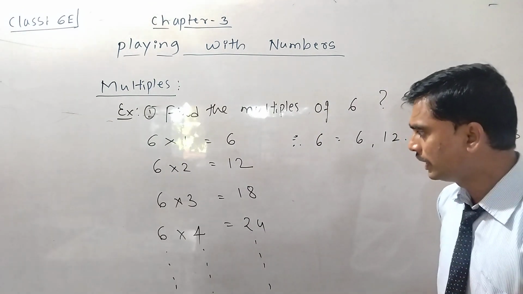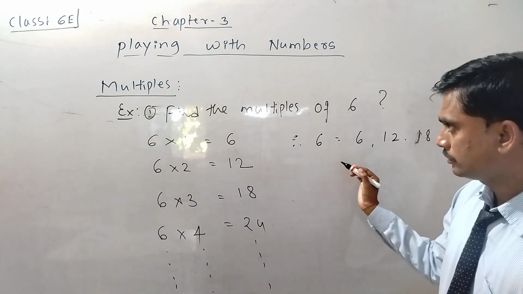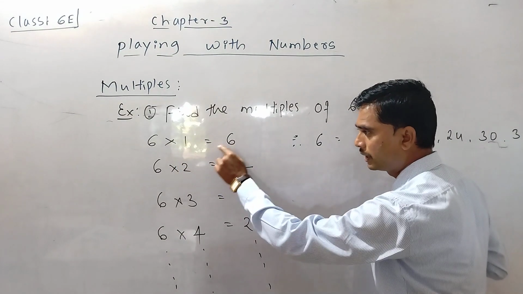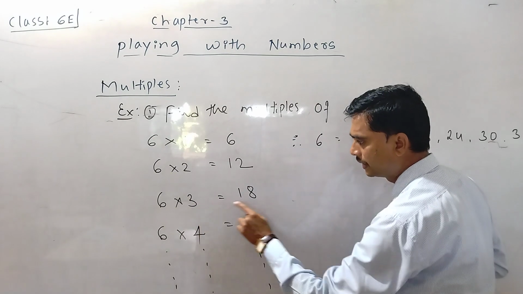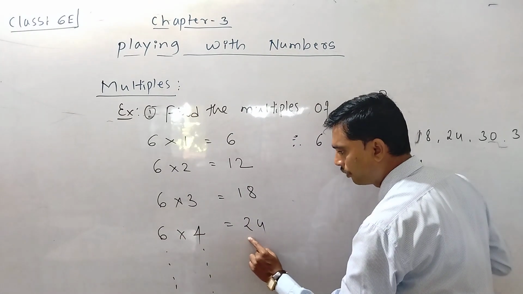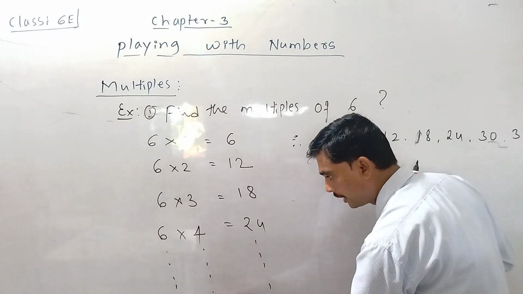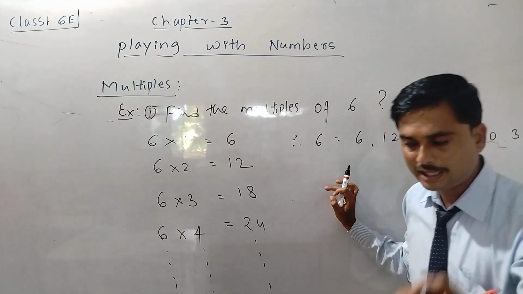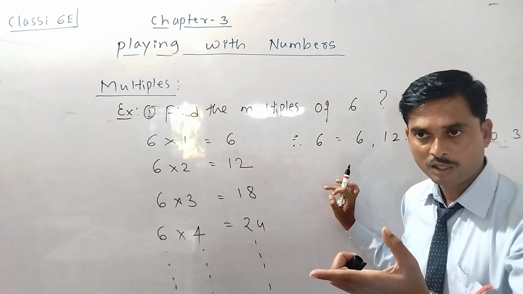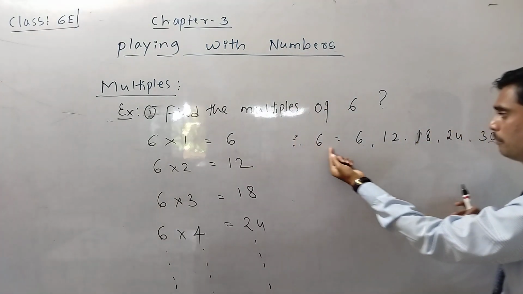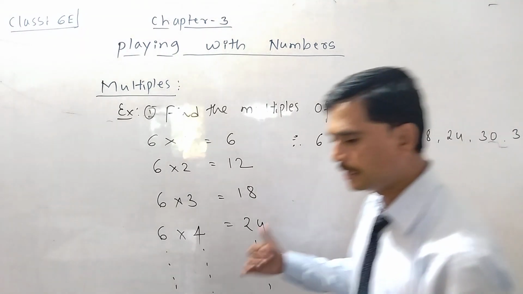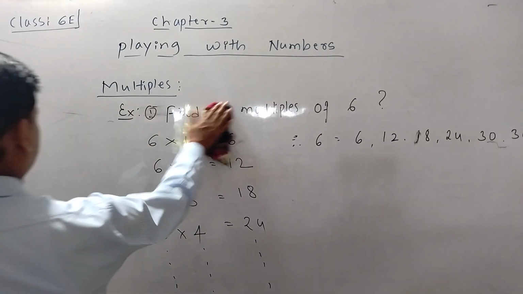Remember, 6 1s are 6, 6 2s are 12, 6 3s are 18, 6 4s are 24. So many are there. Then the 6 table you should count. That product is called multiples of that number. Then again one example I am going to discuss.